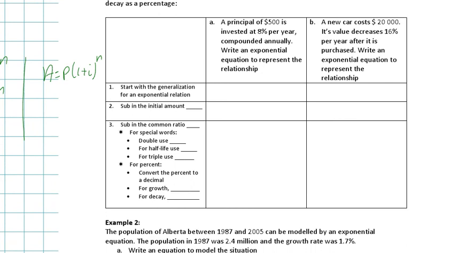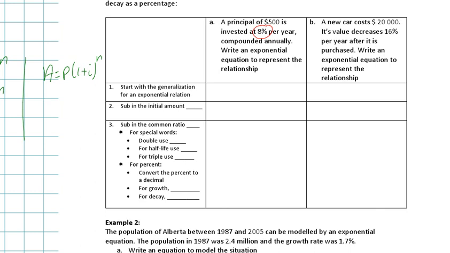Write an exponential equation to represent the relationship. So, can I use the original equation y equals a b to the power of x? No, because I have a percentage, right? It doesn't say doubling, it doesn't say half, it doesn't give me a ratio, it gives me a percentage. So I have to use one of the new two equations.